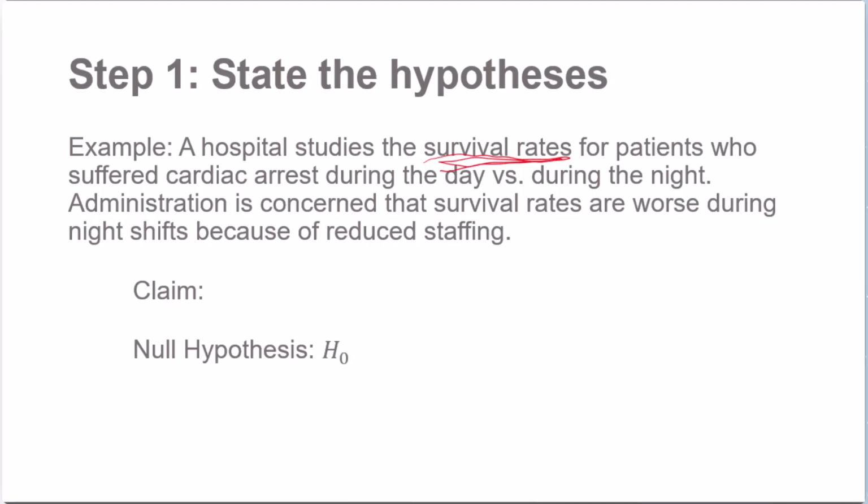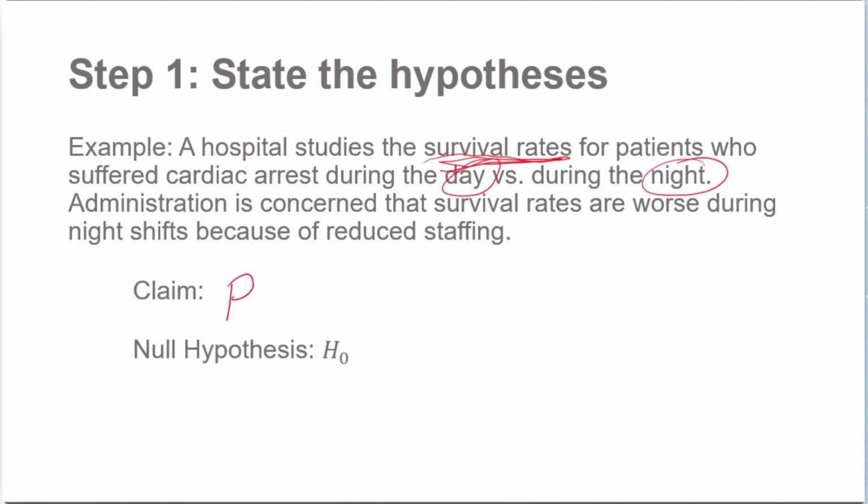A survival rate, or any kind of rate, is really a proportion. This would be some sort of percentage, or what proportion of patients survive after their cardiac arrest. So we're going to be comparing 2 different proportions: the survival proportion for patients who are there during the day versus there during the night.